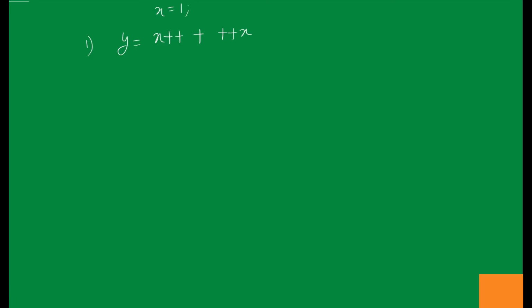As a rule of thumb, you place the values which need to be incremented or decremented above the variables, and whenever we assign some value, we place it below the variable. So here, x++ means that the value of x will be assigned first, so I place this value below this variable.